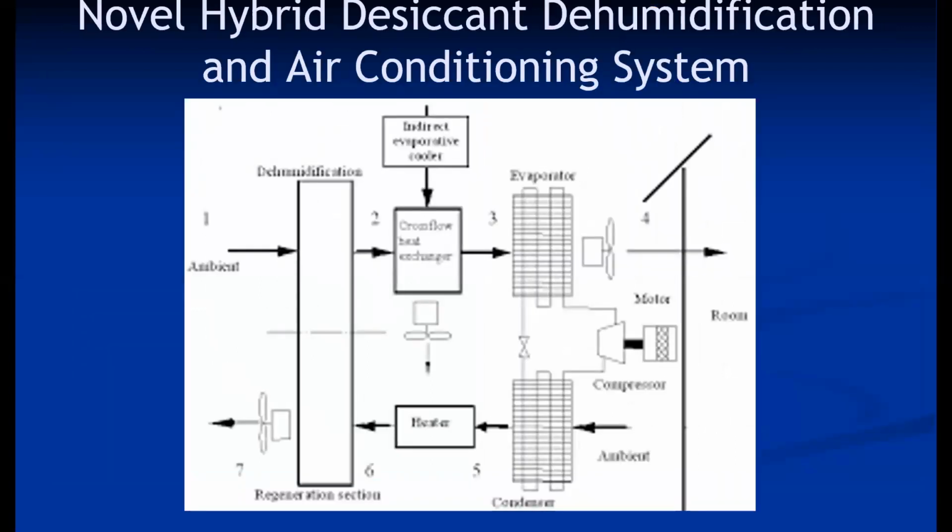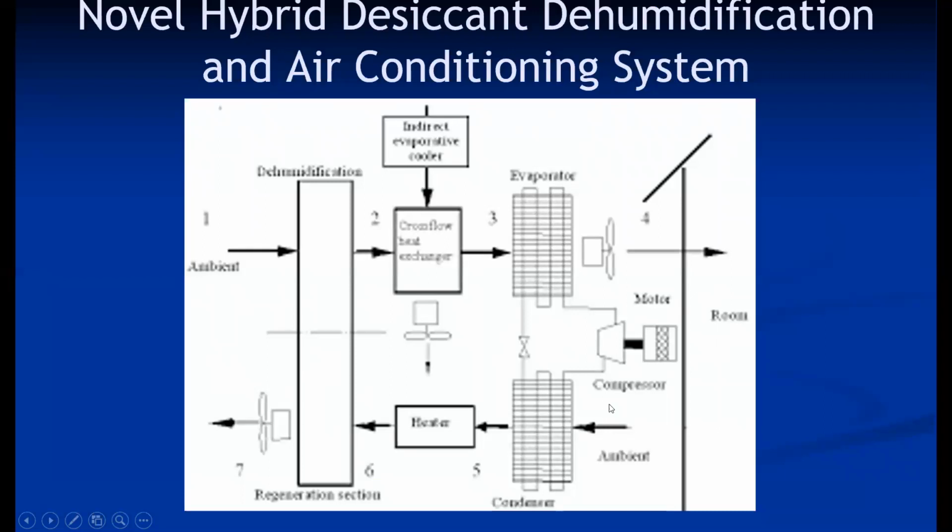This is another novel hybrid desiccant air conditioning system. It's a simple system with a dehumidification rotary wheel. Ambient air is made to flow where it absorbs moisture and exchanges heat, then it flows through the evaporator where it gets cooled, and that dehumidified and cooled air is used for the application.